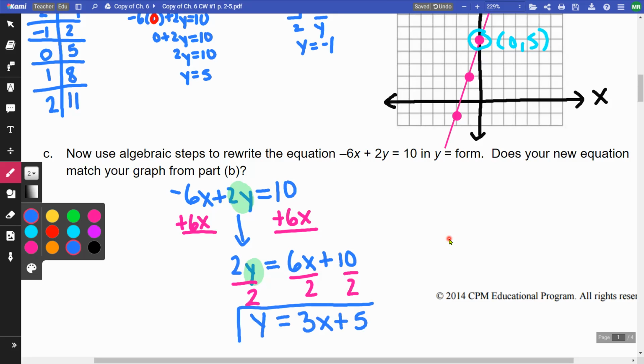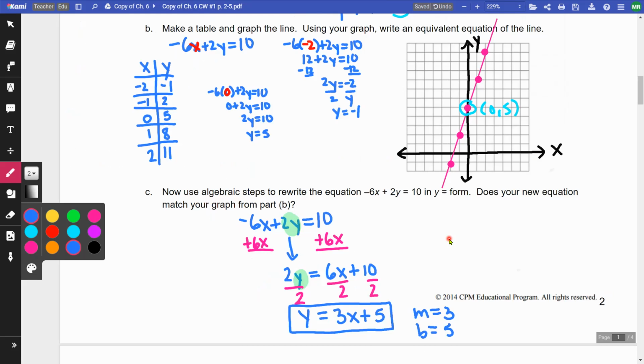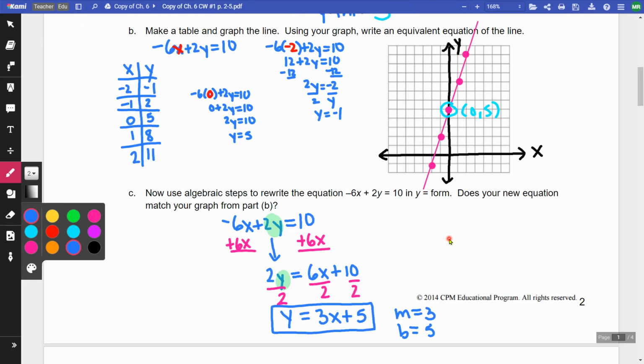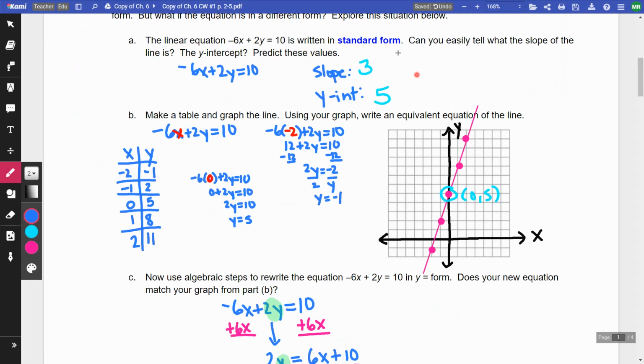This is my equation in slope-intercept form. So now you see your slope is 3 and your y-intercept is 5, and that matches up with my graph. This is what I should have had up here, but again, a lot of people probably guessed differently.